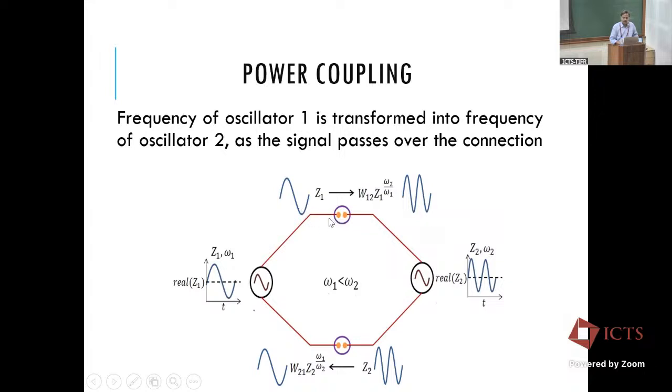At the connection, when it transmits the signal over to the other oscillator, imagine something happens by which this frequency ω1 gets transformed to frequency ω2 instantaneously, so that the receiving oscillator will only hear the ω2 frequency signal. So there's no problem of entrainment or anything. In the reverse direction, the same thing is expected to happen. This high frequency signal at the connection immediately changes to low frequency, and that's what is heard by the first oscillator.